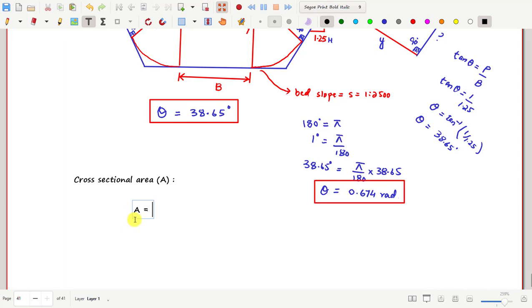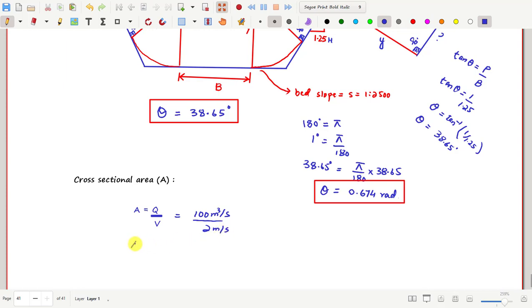A is equal to Q divided by V. Convert this into blue color. Q divided by V. Okay, this is the formula we got. A is equal to Q divided by V. And we already have the values of Q and V. Q is given to us, which is 100 meter cube per second. The discharge is given to us, and V is the permissible velocity given to us, which is 2 meter per second.